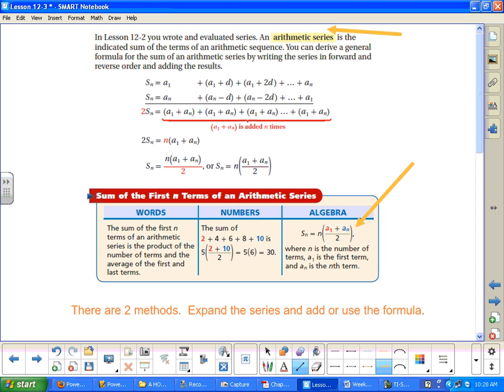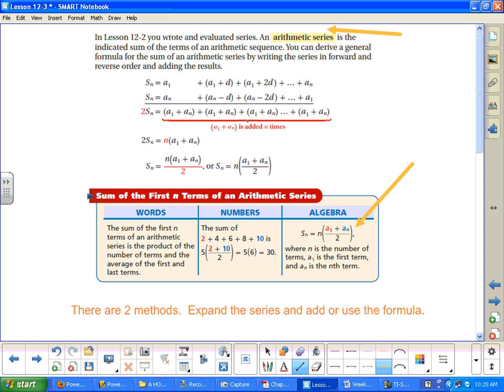Now, like with any series, if you know all the numbers, you can just add them up and find the answer. And that's okay to do. Write them all down, add them, find your answer. It's just if we have a lot of them, it's a whole lot easier to do it using a formula. They explain up here what the formula is and how they come about getting it, but we won't worry about that too much.